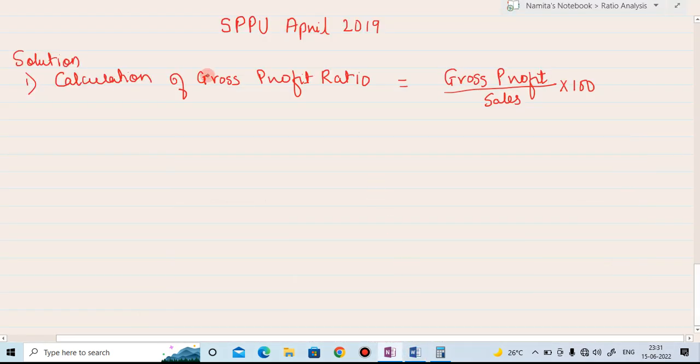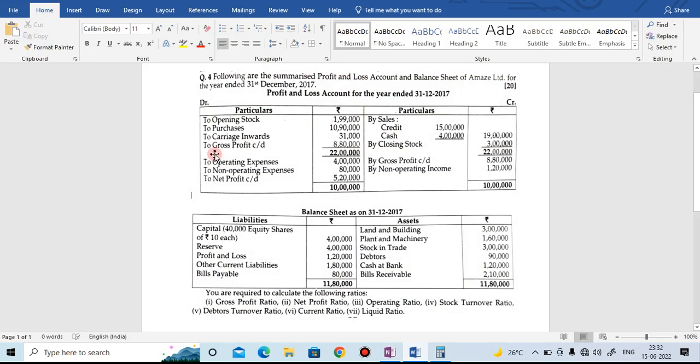So gross profit is 8,80,000 upon 19 lakhs multiplied by 100. See here, gross profit, to gross profit carried down is 8,80,000 and sales is 19 lakh.